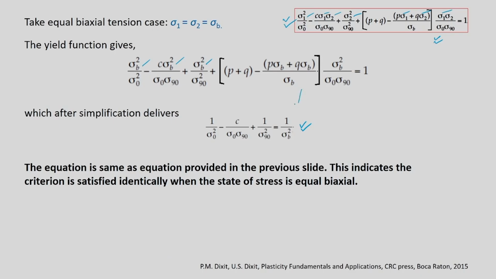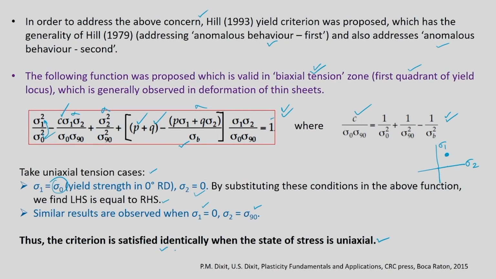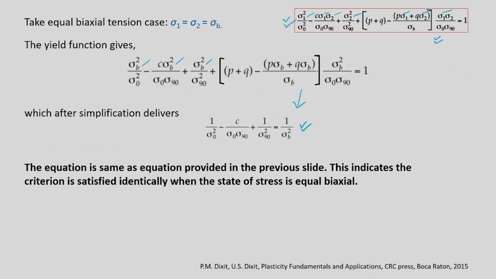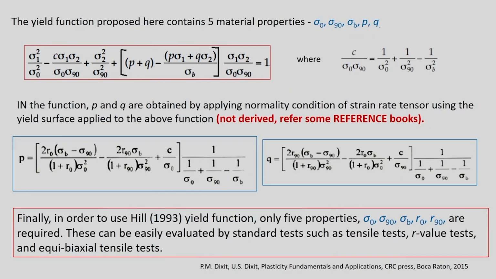If you simplify this, you should get the equation which was also shown before here for C. This has been satisfied. So the equation is the same as the equation provided in the previous slide. This indicates that the criterion is satisfied identically in the balanced biaxial or equibiaxial mode also. Now, what are P and Q? That is what we are going to discuss, and then we stop here.